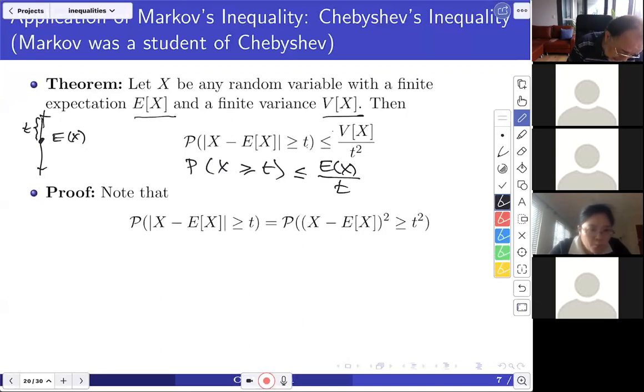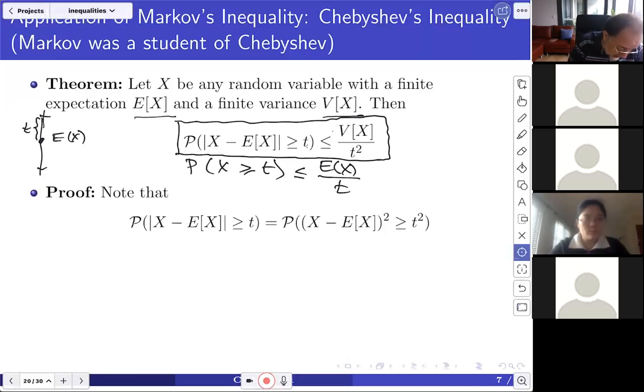And notice, purely heuristically, this makes perfect sense, because the larger the variance, the more likely it is that your random variable will go far from the expected value, right? Because the variance is the expected value of the squared difference between your variable and its expected value, right?